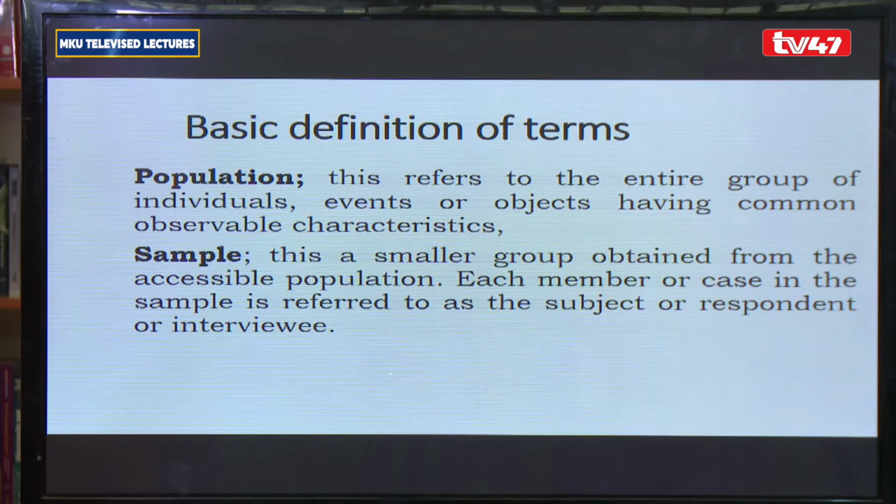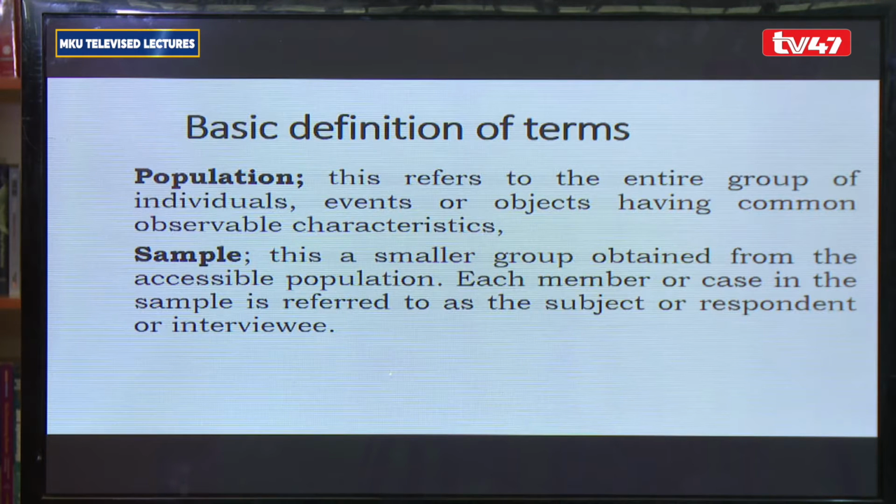Sometimes we want to study people, or we want to study a certain phenomenon, but the population is very large or scattered over a wide geographical area. What does that mean to us as researchers?